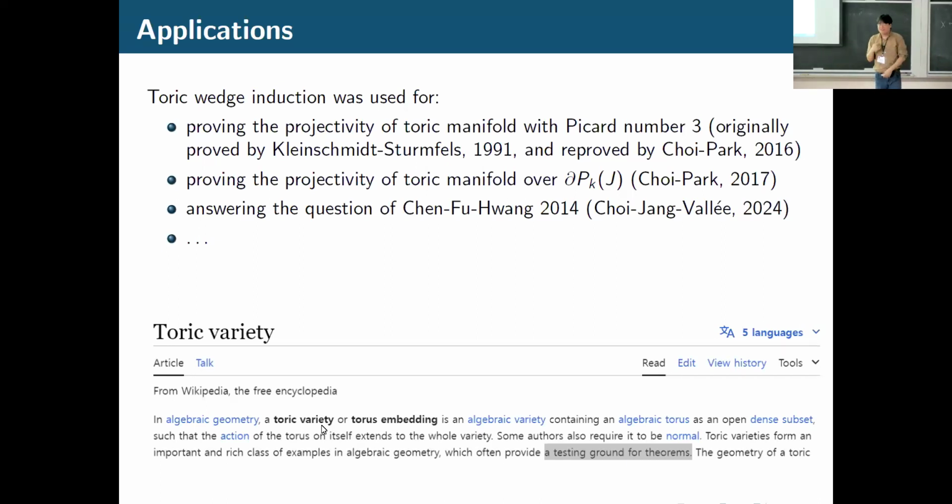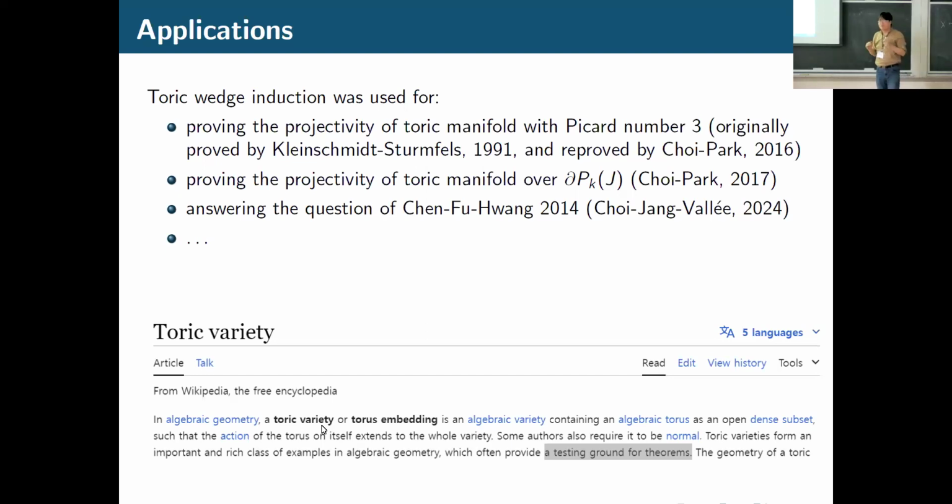Many cases are for low dimension or low Picard numbers, Picard number 1 or 2, something like that. The reason why we cannot use this as a testing ground is that there is no complete explicit classification, right?